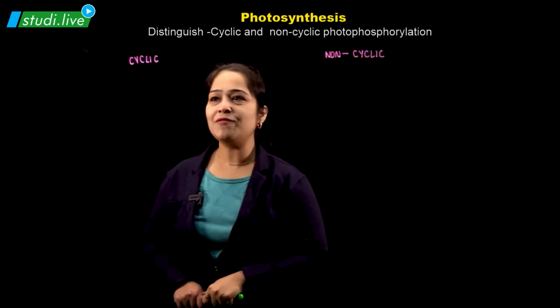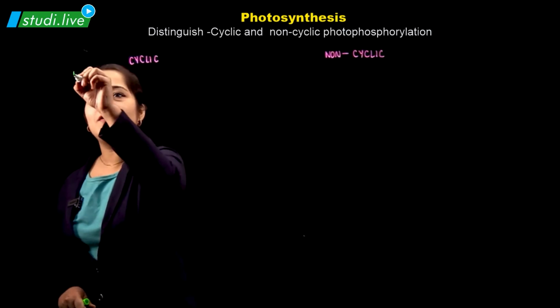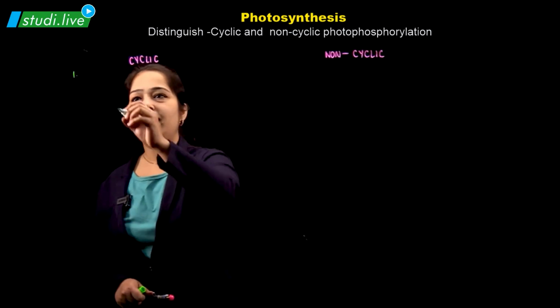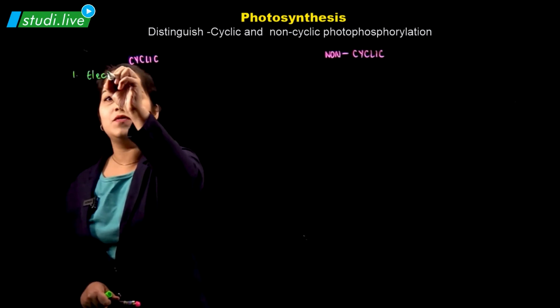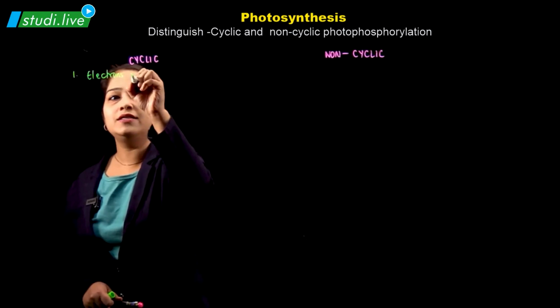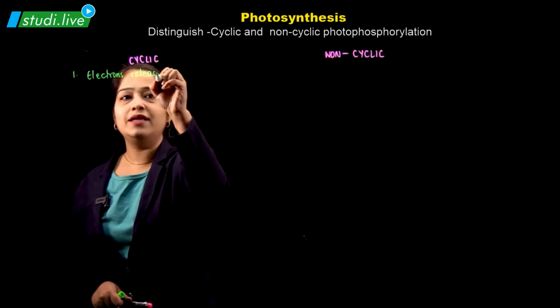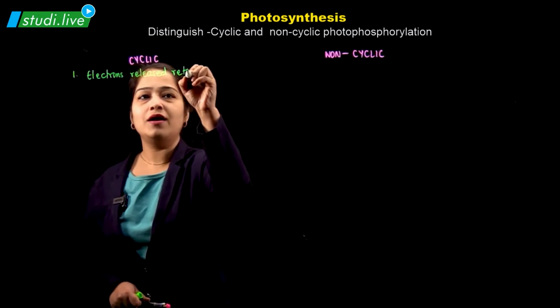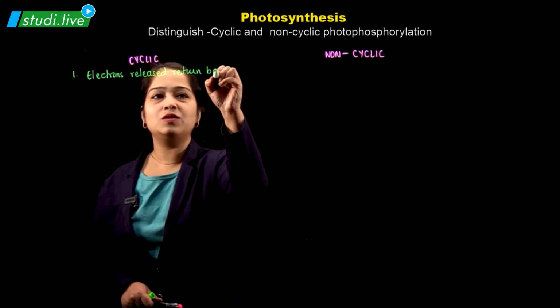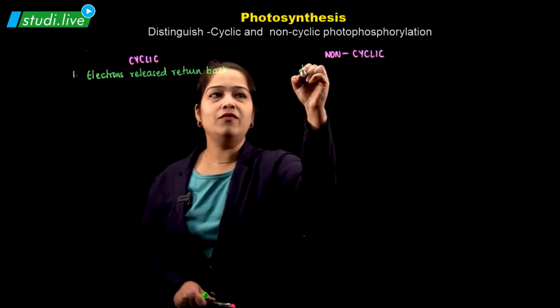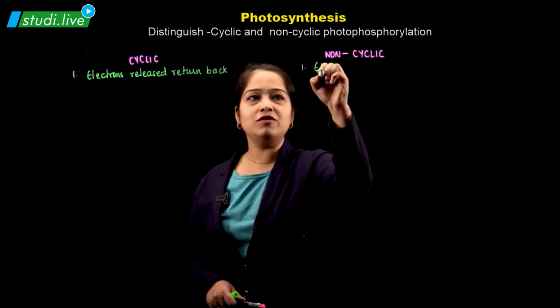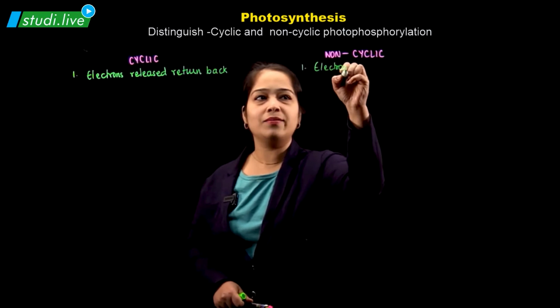In cyclic, the first point is that the electrons released return back to PS1. And here the electrons released do not return back.